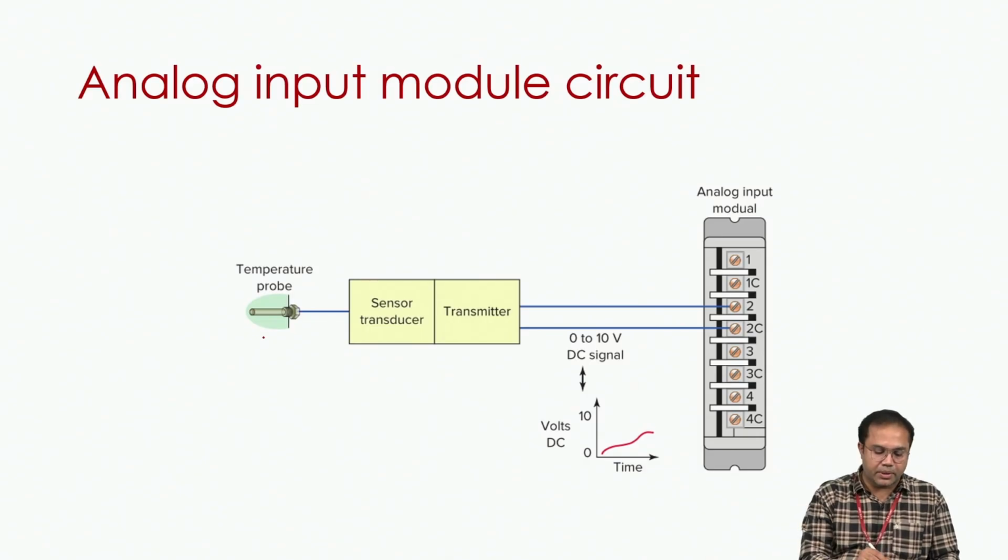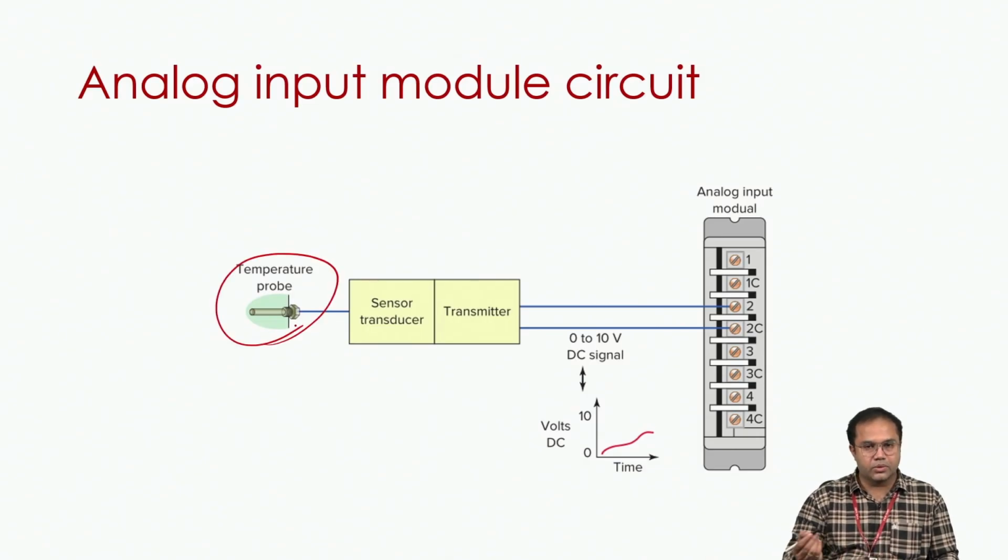Now, next we'll see another example, an analog input module circuit. Here there is one temperature probe, which is going to measure the temperature. When this sensor is exposed to the physical parameter, some physical property changes occur, and then it is going to transmit a signal. That signal can be voltage or current.